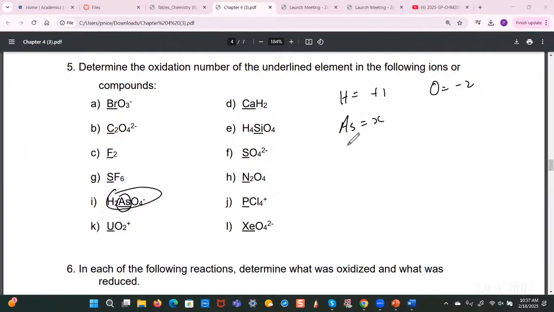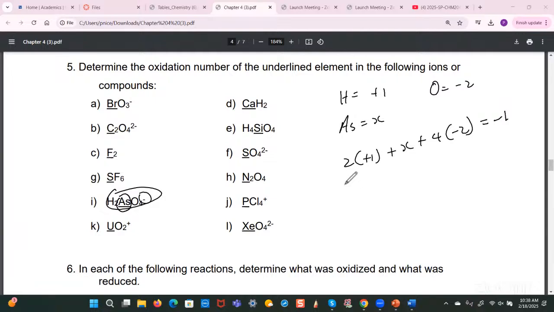So we have 2 times +1, because you have 2 hydrogens here, plus X, which is the arsenic, plus 4 times the oxidation number -2, because of the 4 oxygens here. When you add up all of these, that would be equal to the overall charge on the ion, which is -1.